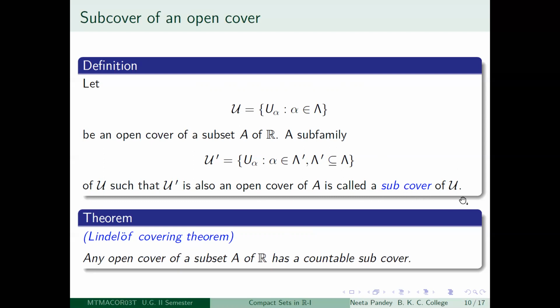Now what is the next result, which is a very interesting and important result, but we will not prove it. It is called the Lindelof covering theorem, which tells you that any open cover of a subset A of R will always have a countable subcover.